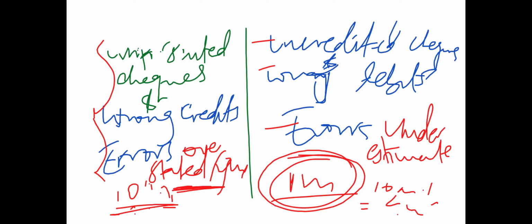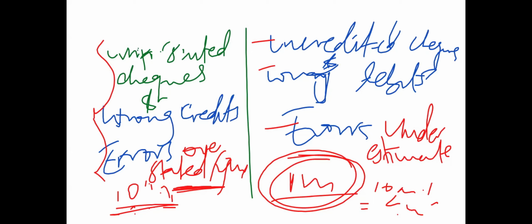And finally, I'm going to make a final draft where I want to include the errors that will overstate and those that will understate in our complete format for the bank reconciliation statement.